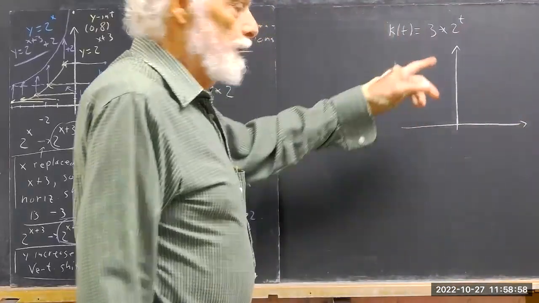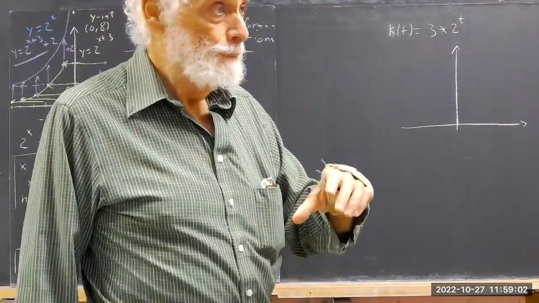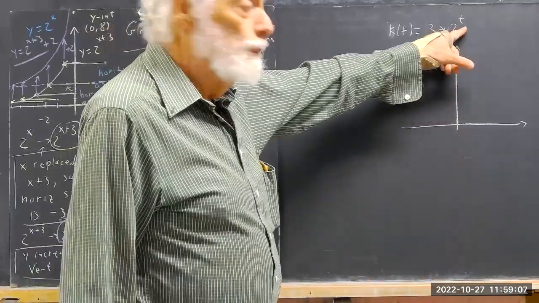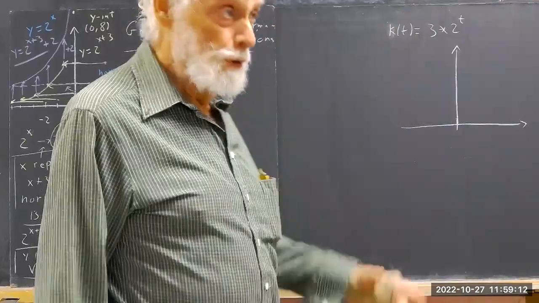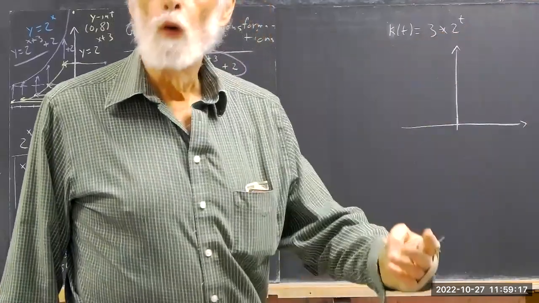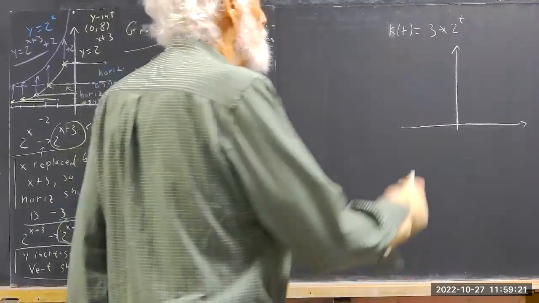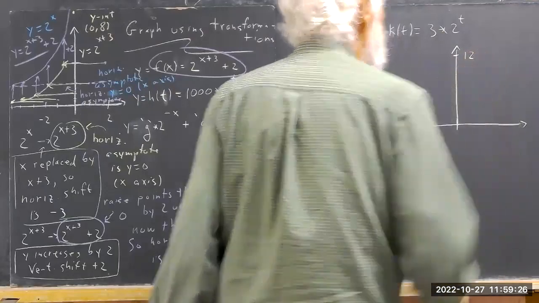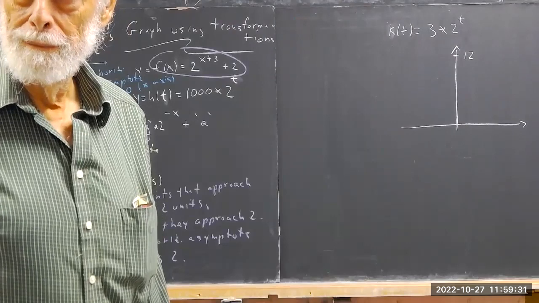We can kind of look at this and see that on our standard function domain, the biggest number we're going to get is when t equals 2, using the -2, -1, 0, 1, 2 that we use for the exponential function. 2 to the second is 4, and 3 times that is 12. So we're probably going to want our y-axis to go up to 12.